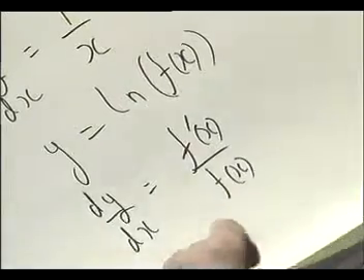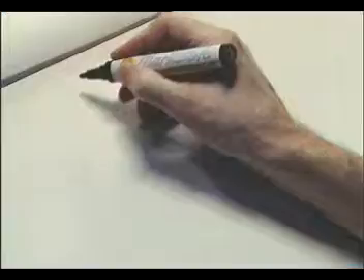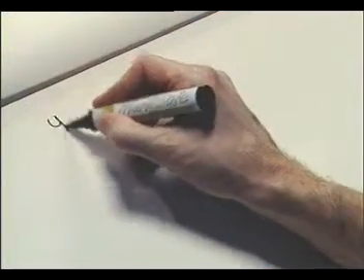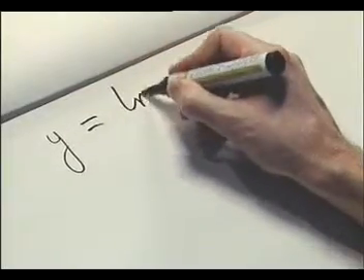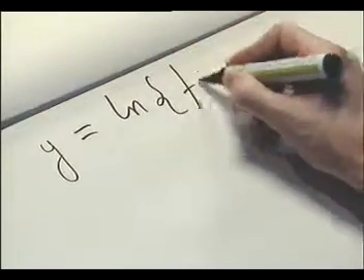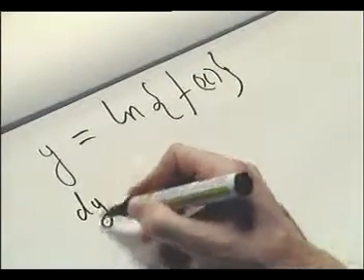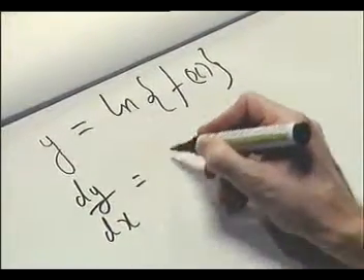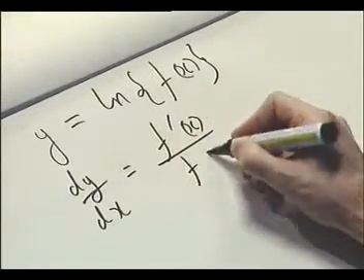So let's write that little bit down again, and then have a look at some examples. So we know that if y is the log of a function of x, then dy by dx is the derivative of that function divided by the function.